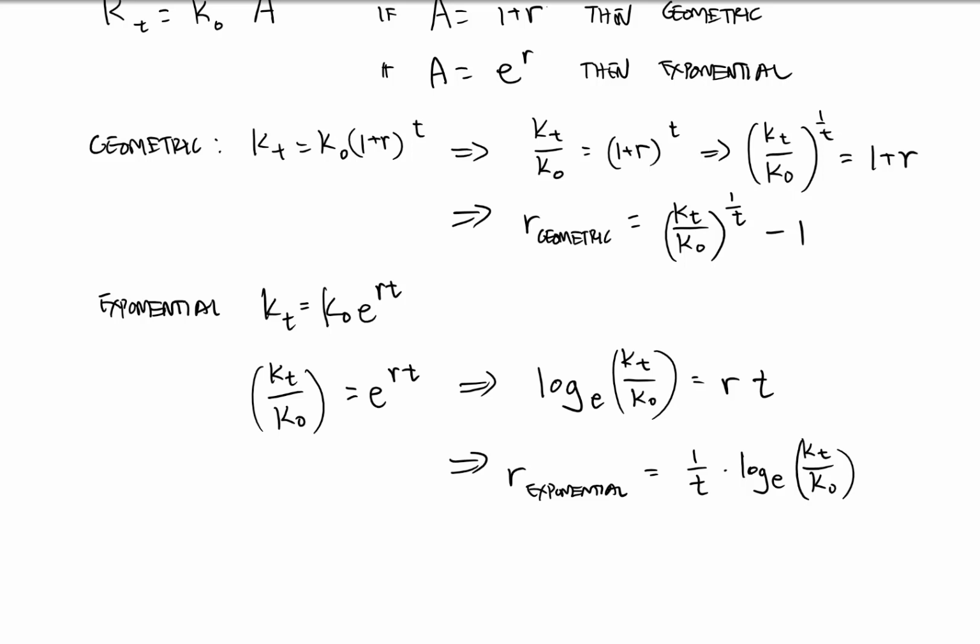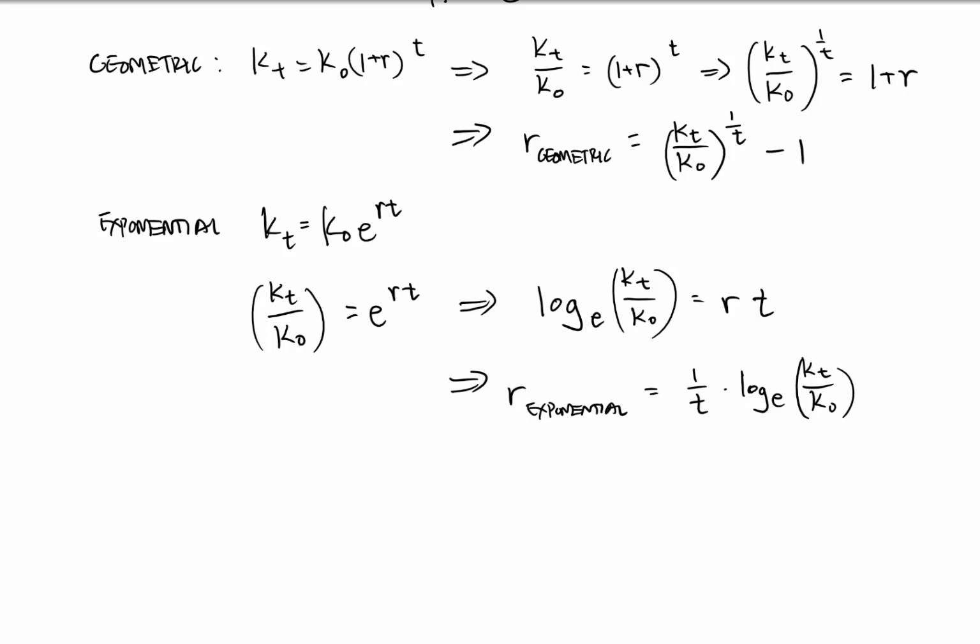So this happens so frequently that I actually don't write log base e. I'm just going to write down the log. And whenever I write down log, I actually mean the log base e. In some cases, this is known as the natural log.